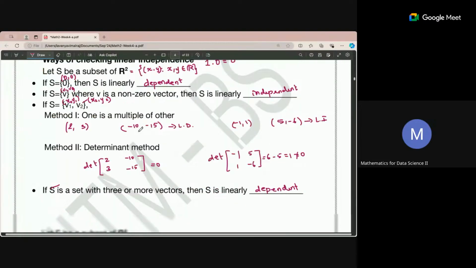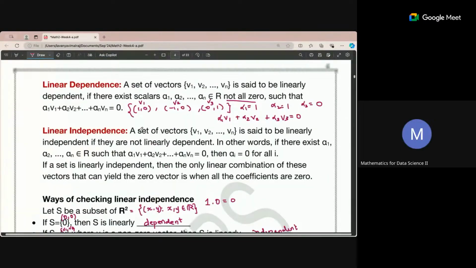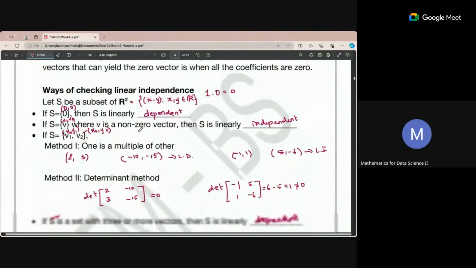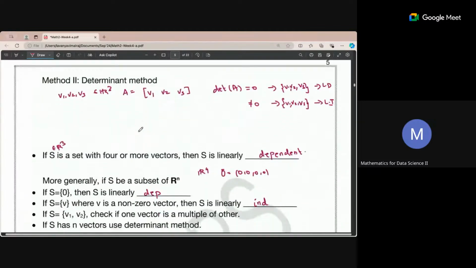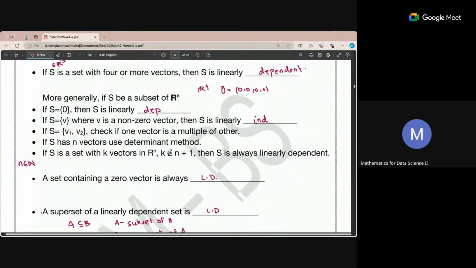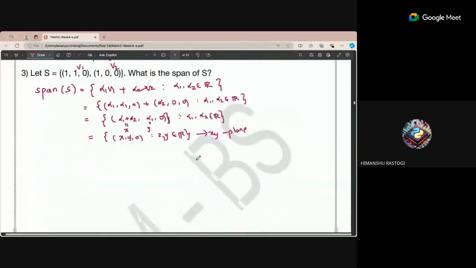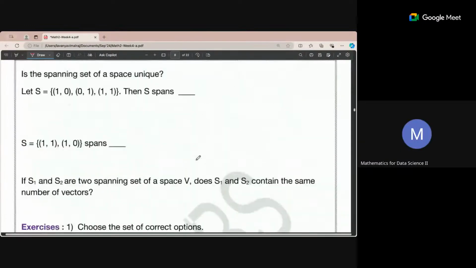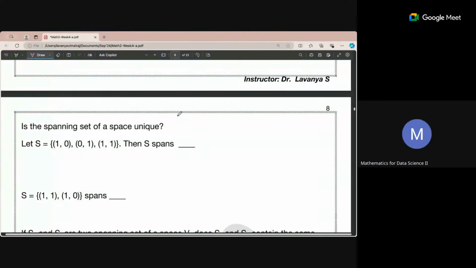Yes, sorry. Please recall that any set in Rn which has more than n vectors is linearly dependent. Okay, thank you. So here this answer is no.